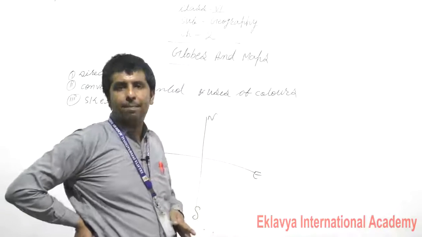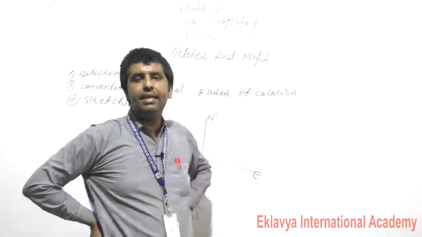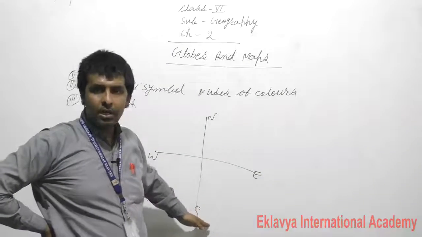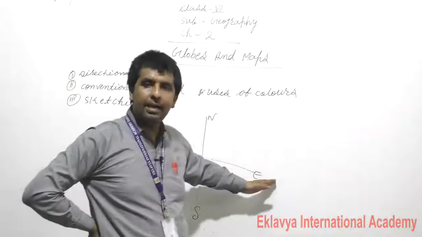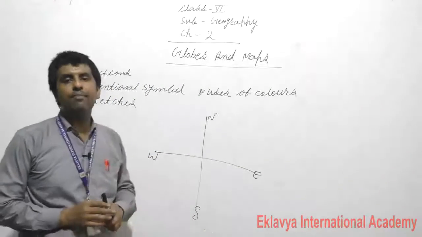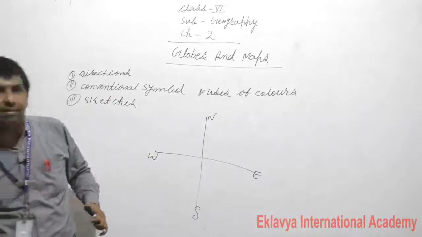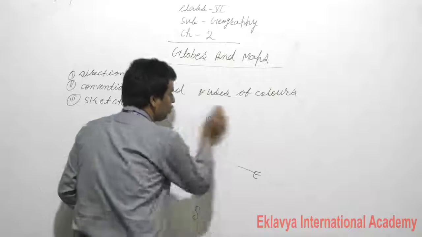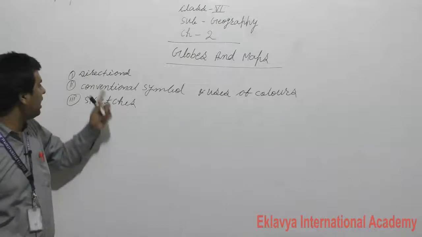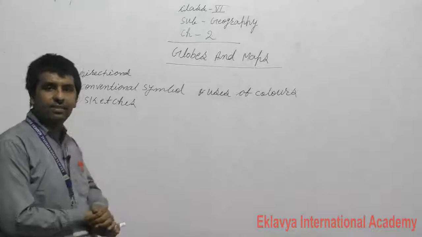In any map, the upper side is the north direction, downward is south, here is east, and here is west, so that you can find directions easily. So these directions are very important for us.